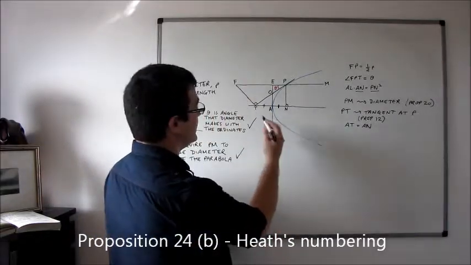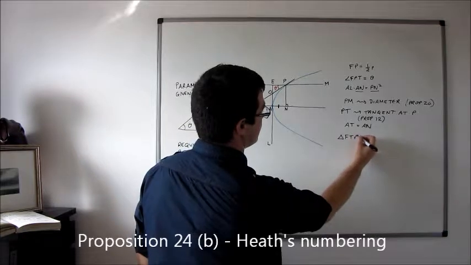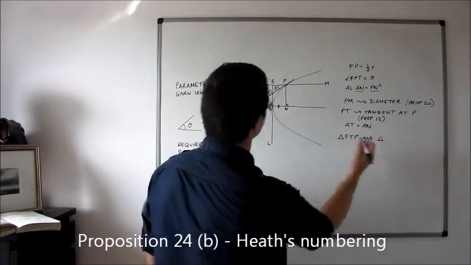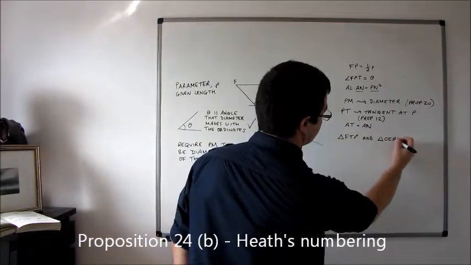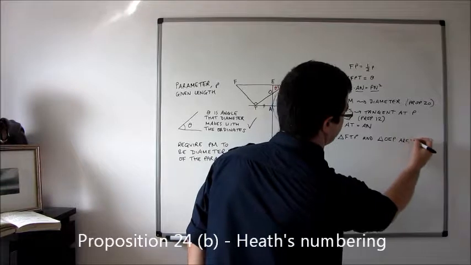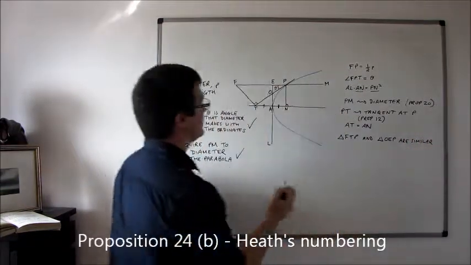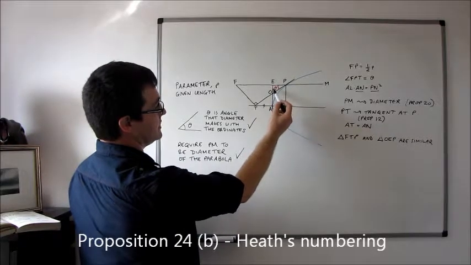So triangle FTP and triangle OEP are similar, because they're both right angled triangles. That's a right angle there in the triangle OEP.